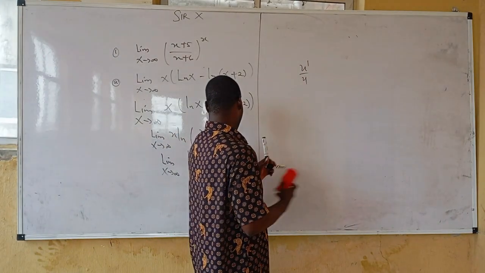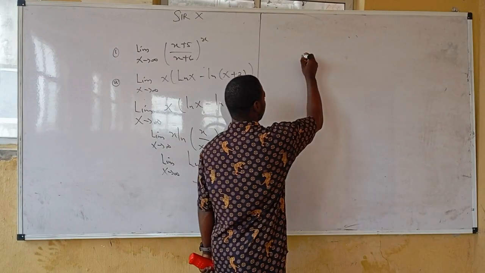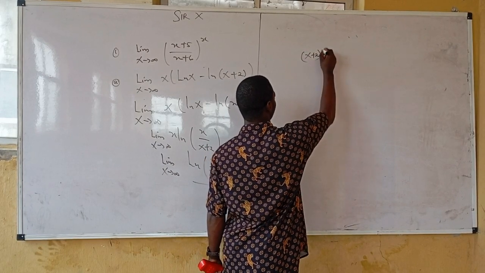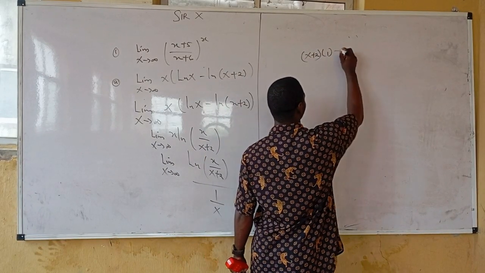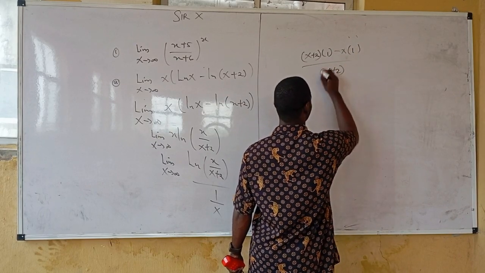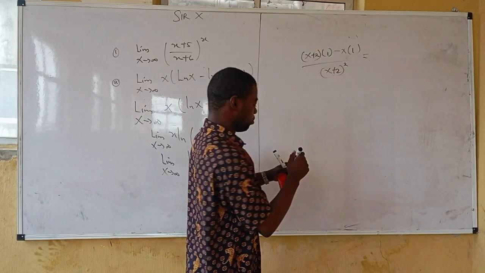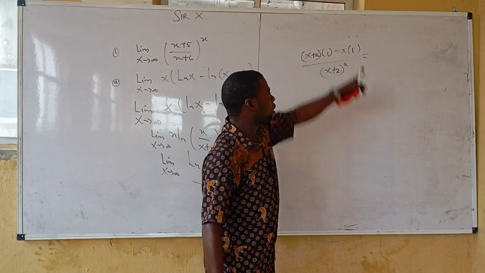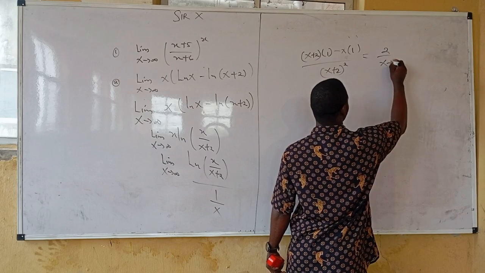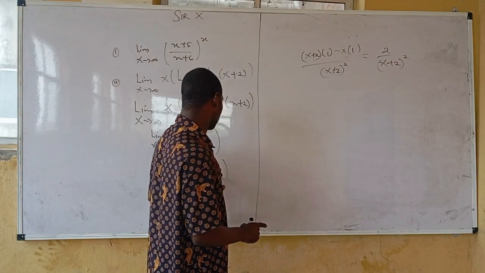So for x over x plus 2, we get x plus 2 times 1 minus x times 1, all over x plus 2 squared, which gives us x plus 2 minus x, which is 2, all over x plus 2 squared.